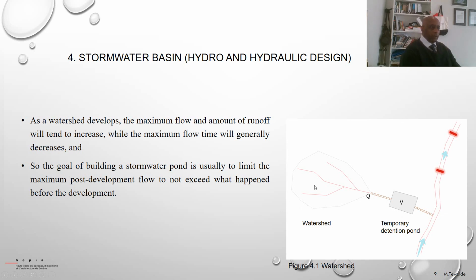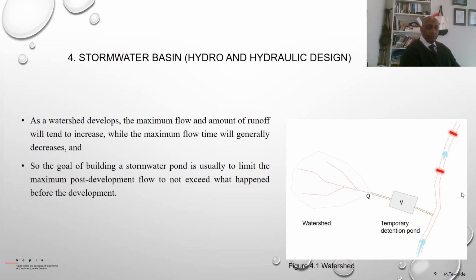Assume that this is the watershed area where we are going to construct a residential area, for example, and this is the place where we need to build a detention basin. But before we build a detention basin, here is the natural river, and it may have some structures like bridges and so on, and there might be residential areas, for example, buildings here and here.